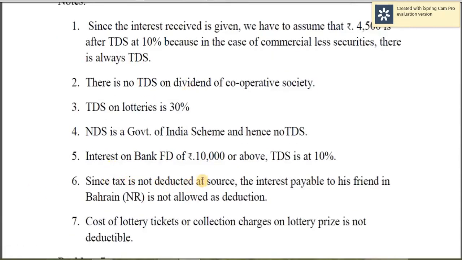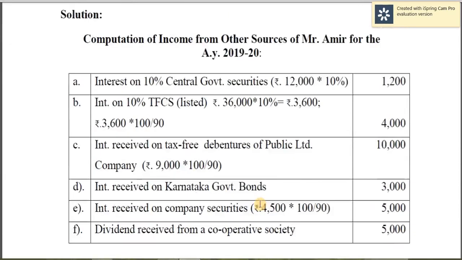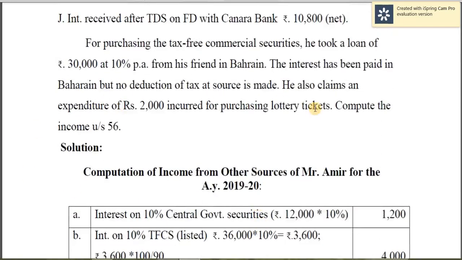Since tax is not deducted at source, the interest payable to his friend in Bahrain is not allowed as a deduction. The interest has been paid in Bahrain, but no deduction of tax at source is made. That is why it is not deductible. He also claims an expenditure of 2,000 incurred for purchasing lottery tickets.